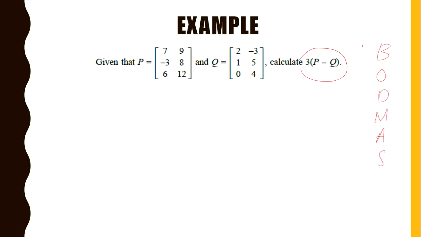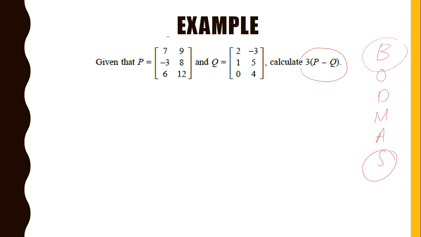So here we have bracket and subtraction, with 3 outside. Okay, so which do we do first? We must do inside the bracket first. Okay, so inside the bracket we have P minus Q. We have to subtract both of these matrices.